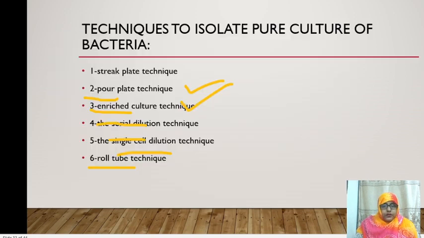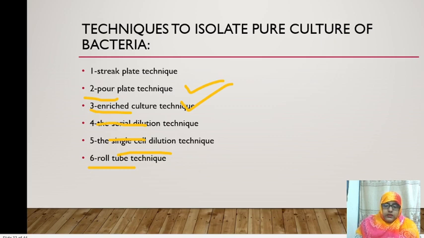Now, what are the techniques to isolate pure culture of bacteria? Like I told you earlier, we take a petri dish, add culture media in it, then draw a sample, a basic pattern there. What is that pattern? How is it drawn to isolate that culture? We'll discuss it now.